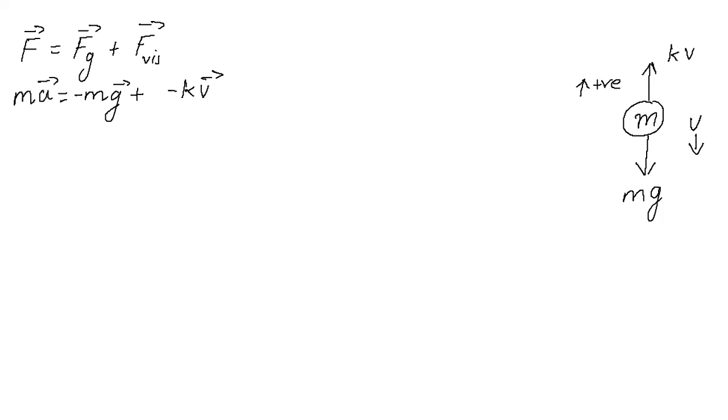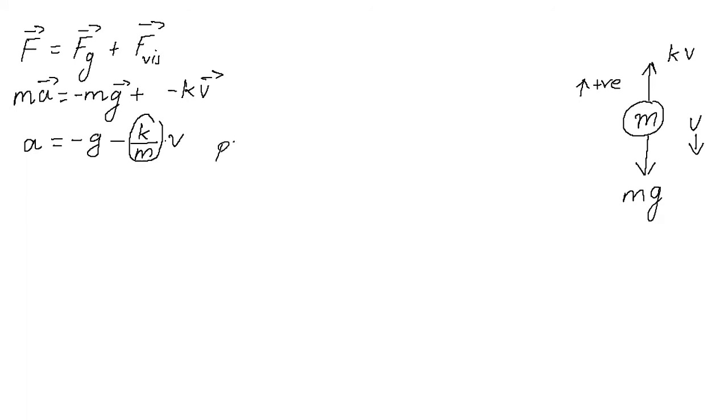Dividing throughout by m, we get a is equal to negative g minus some constant k divided by m into v. k is a constant and m is also a constant. Therefore, I can consider k by m as a constant.